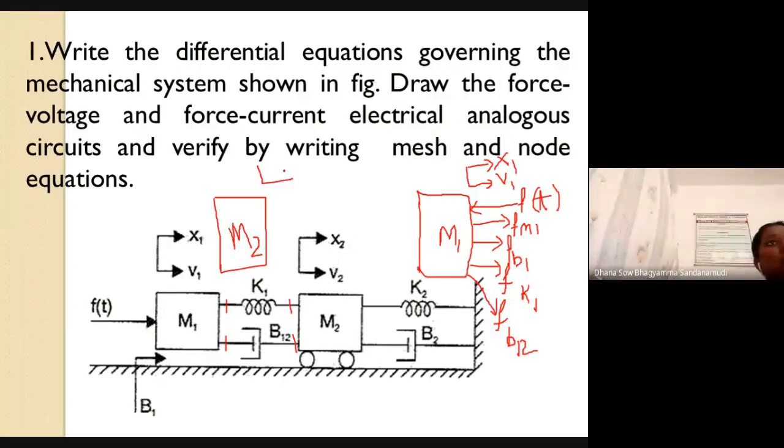So mass 2: the displacement is x2 and the velocity is v2. What are the opposing forces? The applied force is 0, so the opposing forces are Fm2, which is the opposing force, and another force, Fk1.